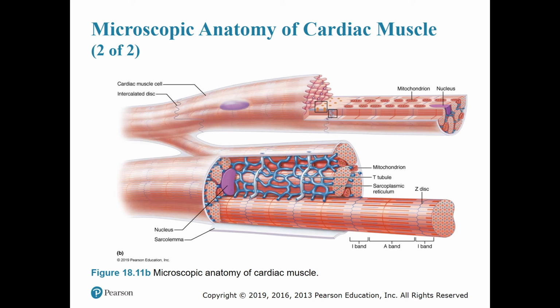Then there's the sarcoplasmic reticulum and T tubules. That's where the nerve impulse travels down the T tubule for contraction of the cardiac muscle.